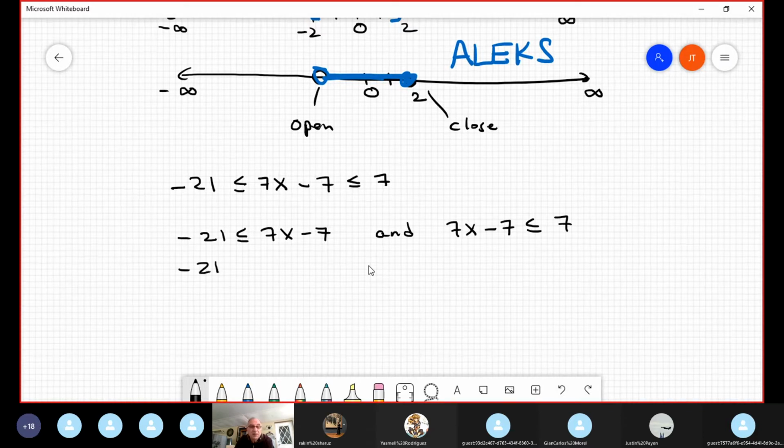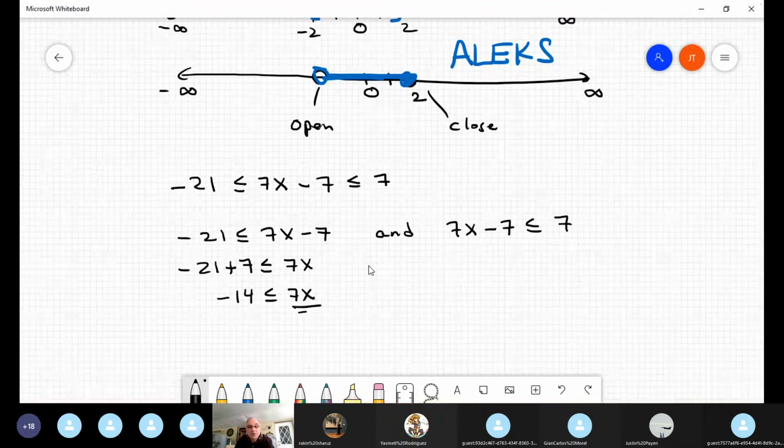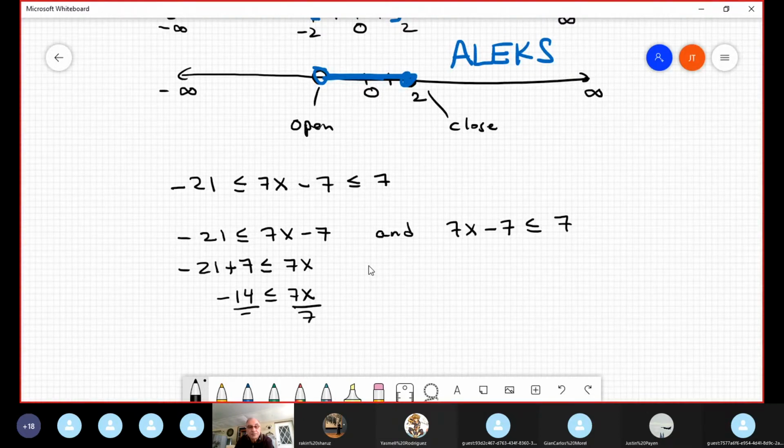Minus 21 plus 7 less than or equal to 7x. This is negative 14, no? Less than or equal to 7x. Divided by 7 on both sides, and negative 2 less than or equal to x. But be careful.